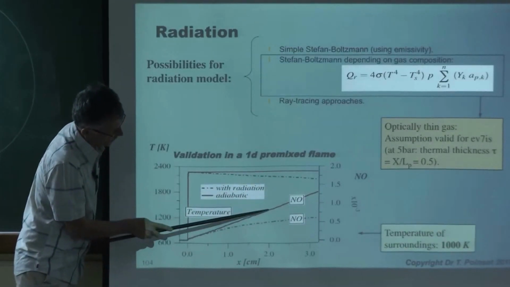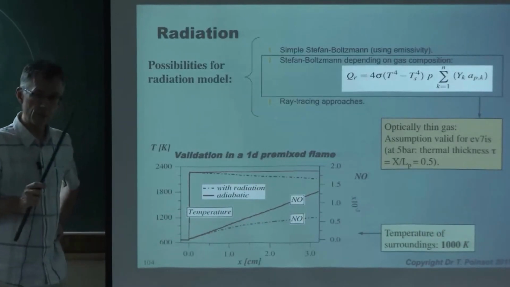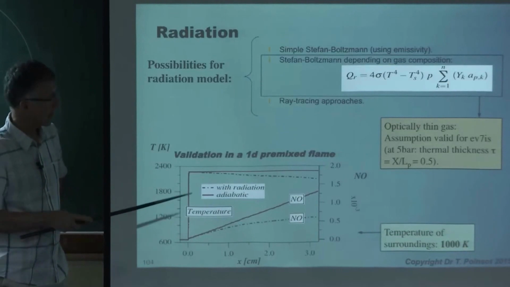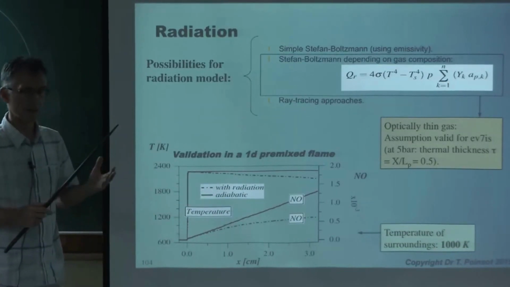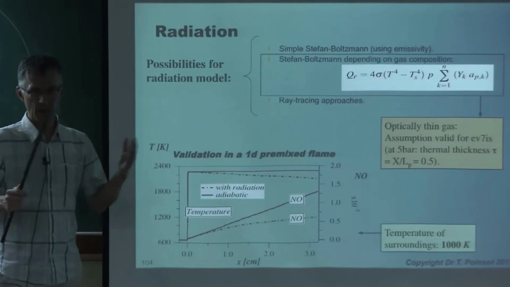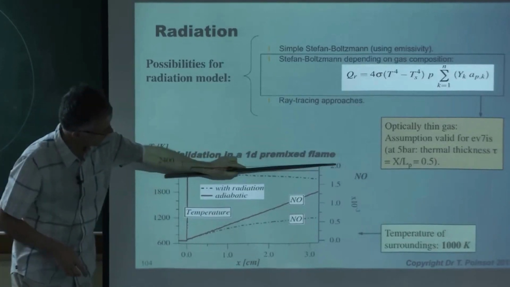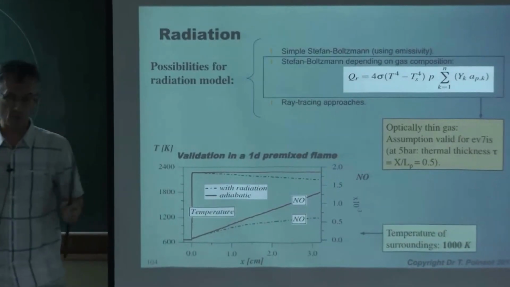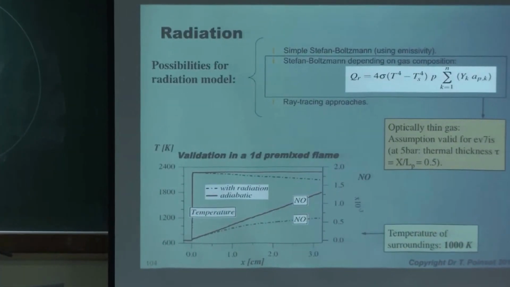So you go from here to there. As soon as you add some heat loss, the NOx goes down. Okay? And that's the level of radiation which you expect. And again, you see that if you do tabulation, it will be here, and it will give you this amount of NOx, because tabulation won't have losses.